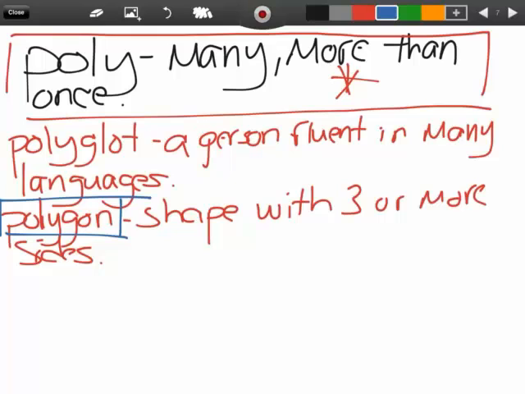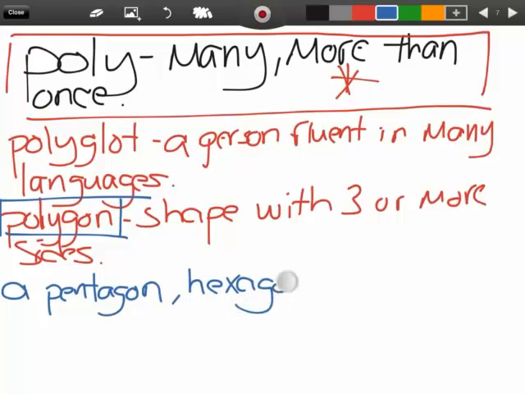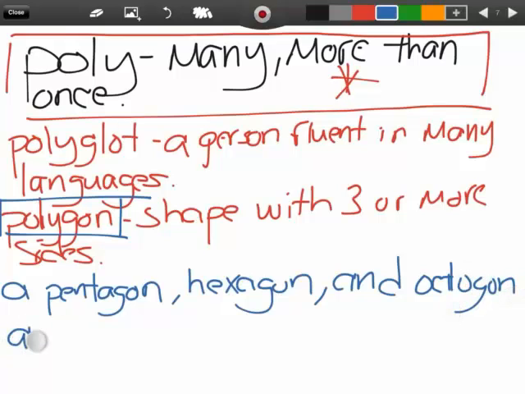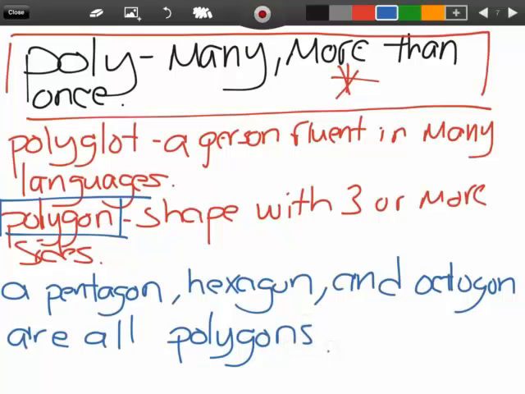I'm going to say a pentagon, hexagon, and octagon are all polygons. I'm going to go ahead and read that to you one more time. A pentagon, hexagon, and octagon are all polygons.